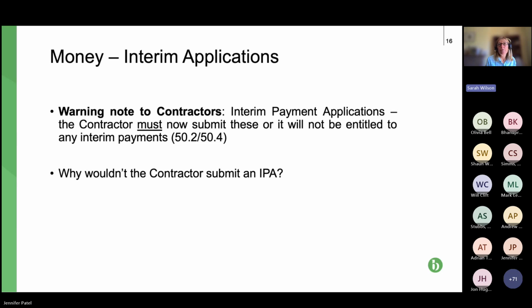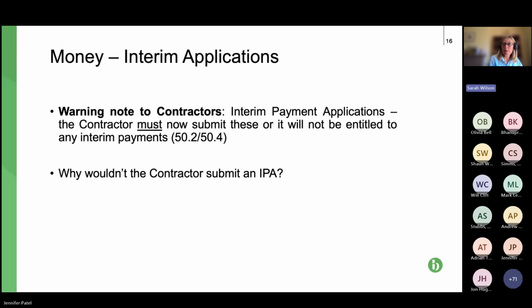Okay, so interim applications, I think this is what you would call a small but significant change in that the cause is stated there, but now in your interim payment applications, the contractor must submit these. The project manager has no obligation to submit any kind of payment certificate unless it has received an interim payment application from the party claiming money.